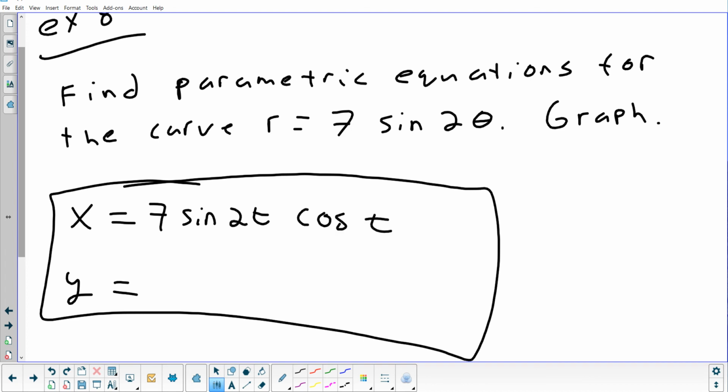This is your radius times the cosine. And this gives you your horizontal. This is your x. Now what about your formula for y? What's your radius? 7 sine 2t. So your radius is 7 sine 2t.